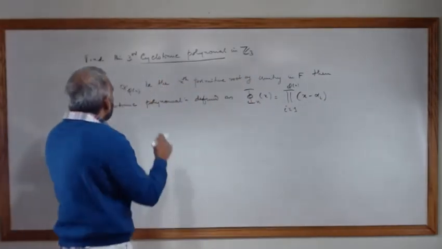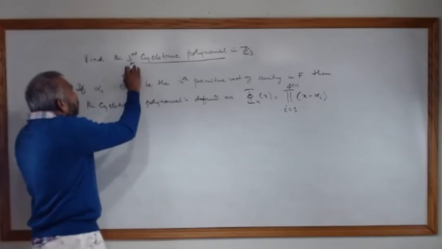So basically what we need to do is to find out the third primitive roots of unity in Z3.